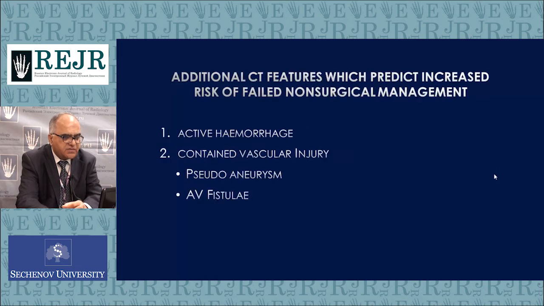There are additional CT features which we need to look for, as they can carry a risk of failed non-surgical management. These are active hemorrhage or contained vascular injury within the organ, which can be a pseudoaneurysm or AV fistula.